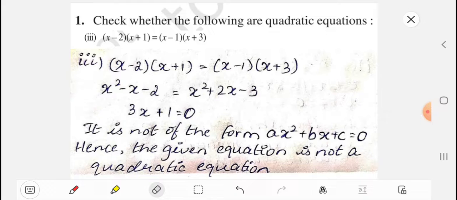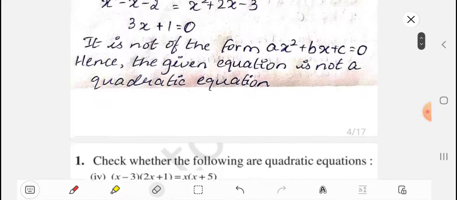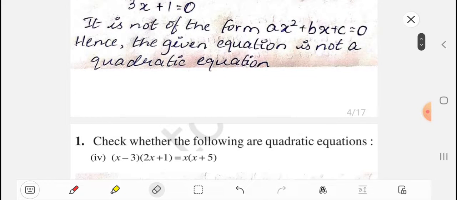If this is done, we can move ahead with the next question. (x - 3)(2x + 1) = x(x + 5).